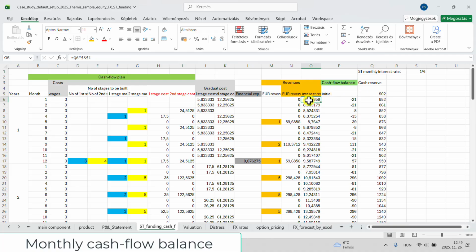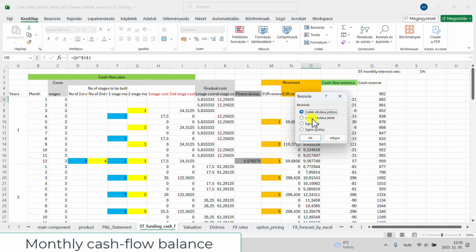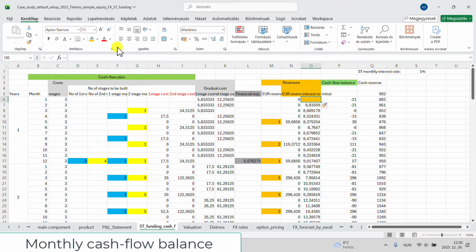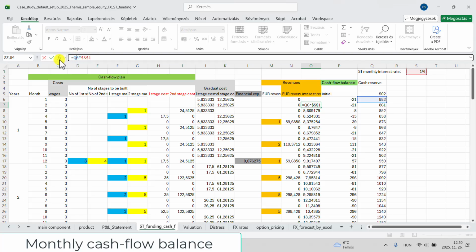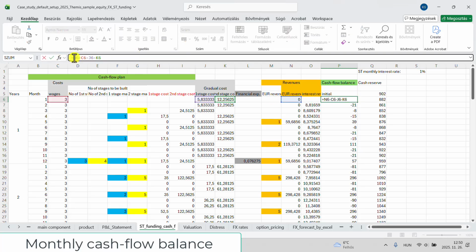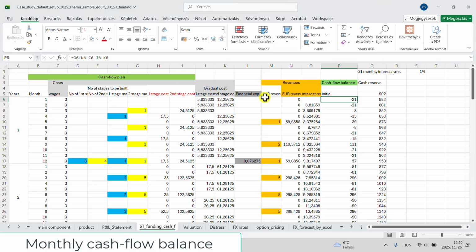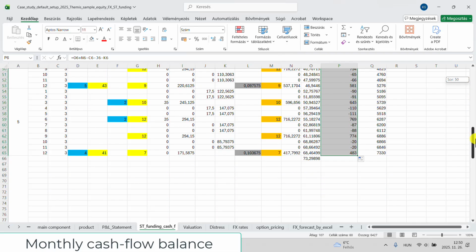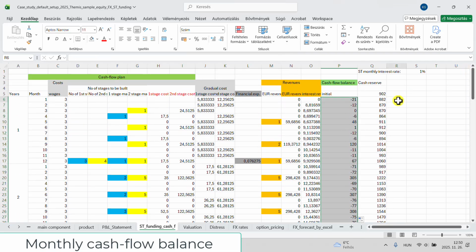We need some kind of a lag, one lag system, to avoid such circularity. So in this case, if we are just adding the revenues this way, okay, we are not biased completely.